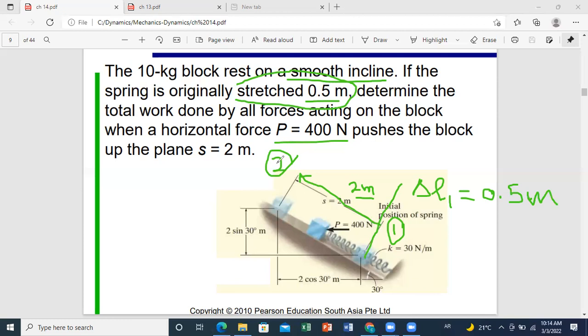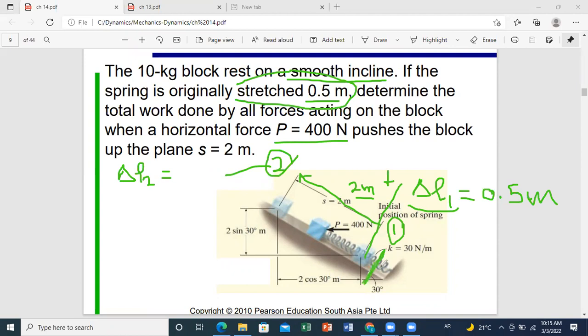When I want to calculate the work of the spring, I need delta L2. What will be the value of delta L2? If you have a spring stretched 0.5 meters and you stretch it 2 meters more, then your total stretching should consider this value plus the 2 meters, because the stretching is counted from the unstretched length.